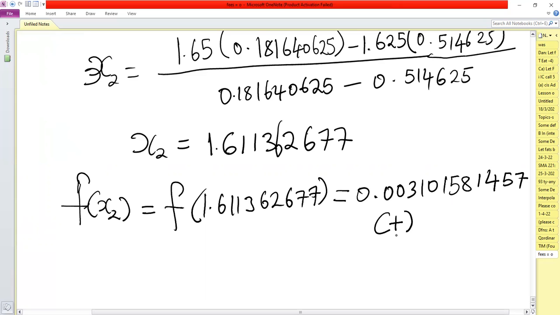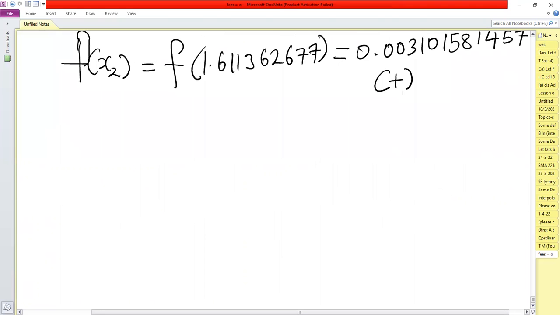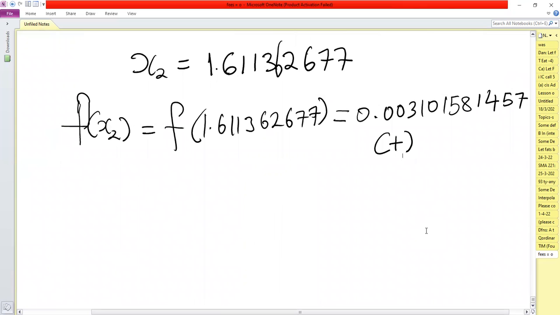Just the way we were interpreting intervals where the solution lies in the bisection method is the same thing we do here to know which values we need to pick.